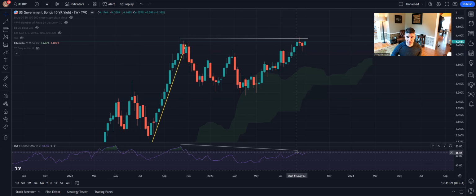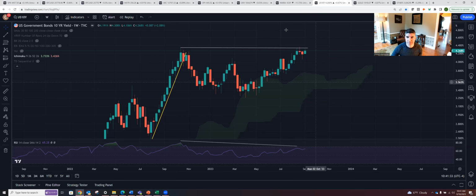We've got equal highs, lower strength than the previous equal high. And so, nothing is certain, but my primary consideration here is that the macro direction for yields is down until proven otherwise.